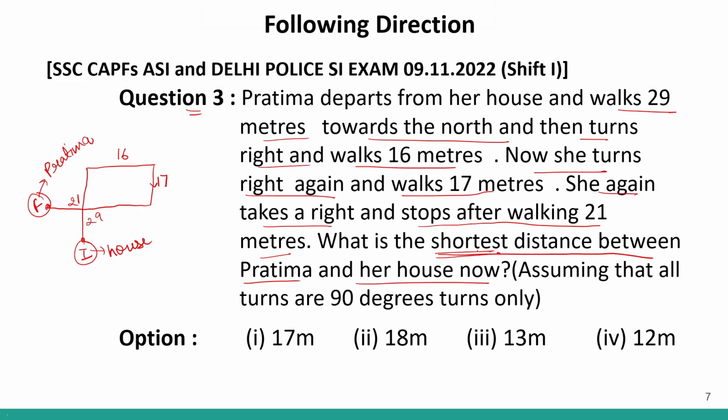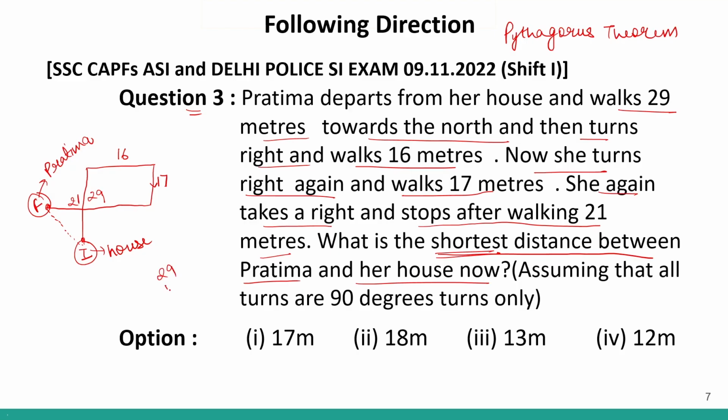Now, whenever we find shortest distance, I told you that we use the concept of Pythagoras theorem. So let us apply it over here. We have to find this distance. Now, if this entire line is 29, then this will be how much?